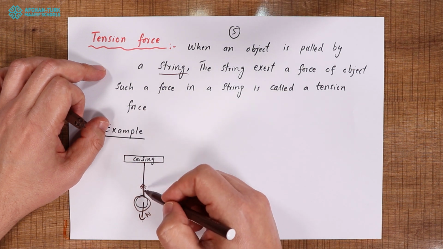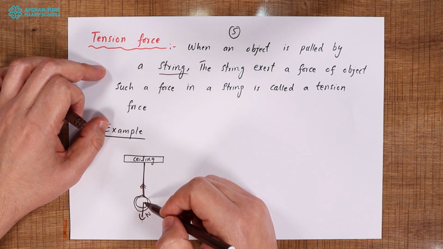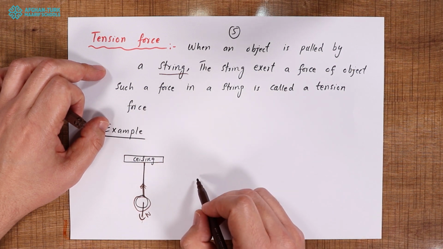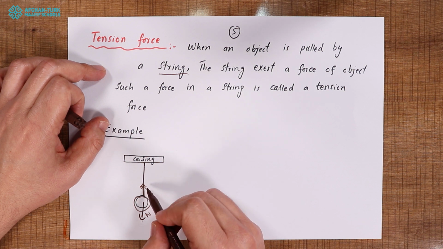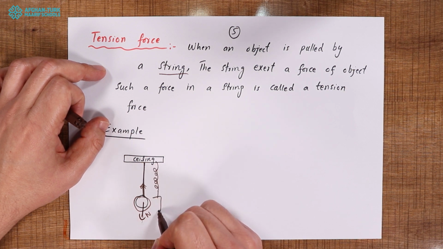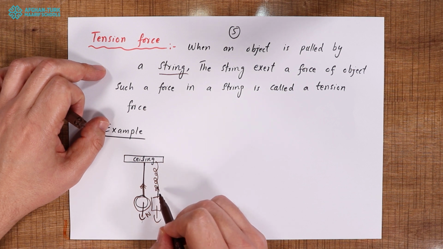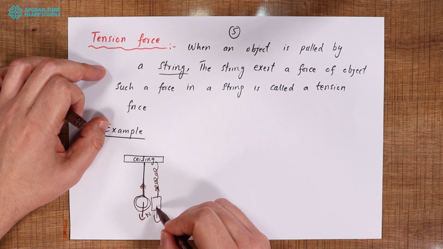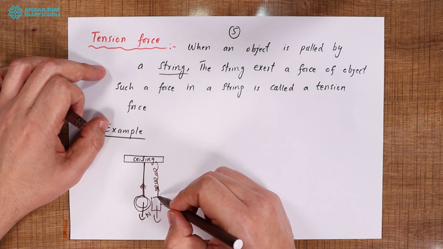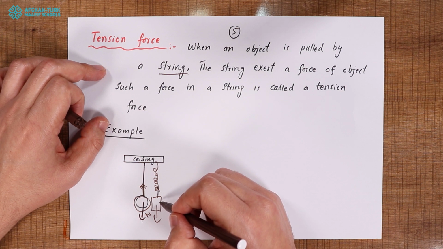Again we use Newton's third law of motion. Also if we have a spring, the spring applies a force upward, but the object moves downward, so they will be equal and the object will be at rest. Again, action and reaction happen here.